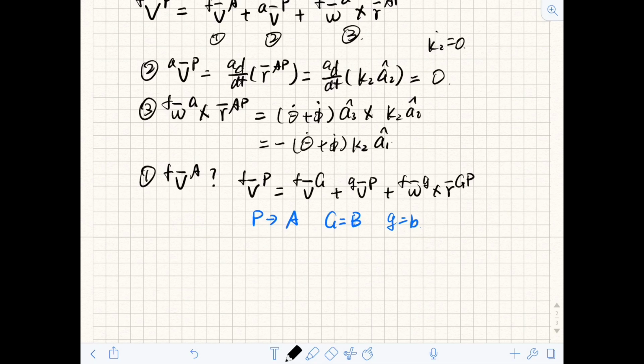So we have velocity of point A in F is equal to velocity of point B in F plus velocity of point A in B plus the angular velocity of B in F cross the vector BA.